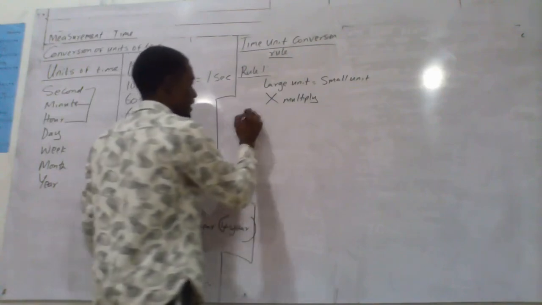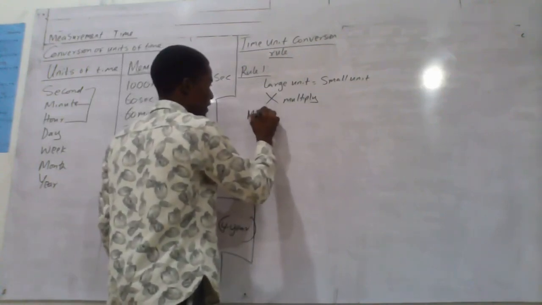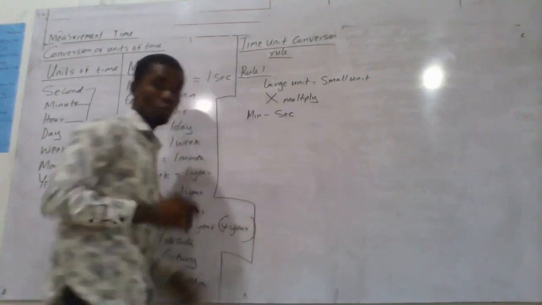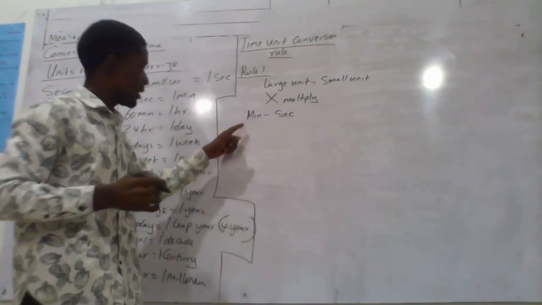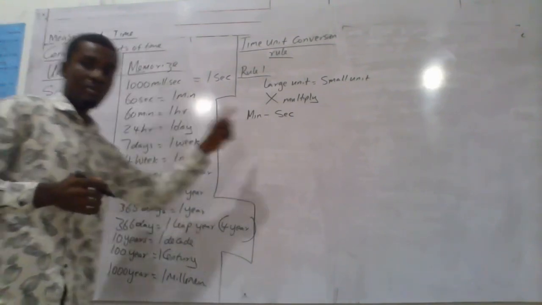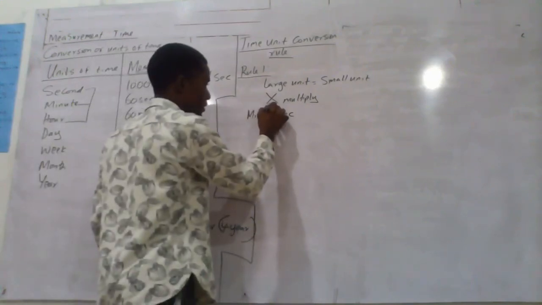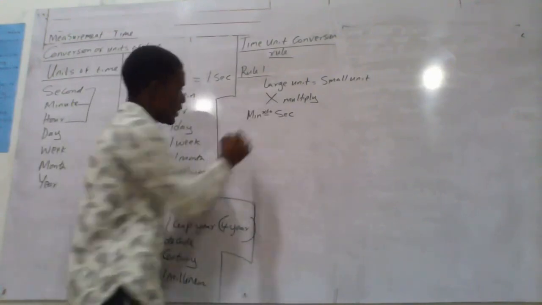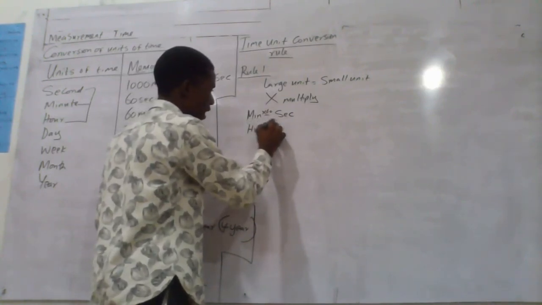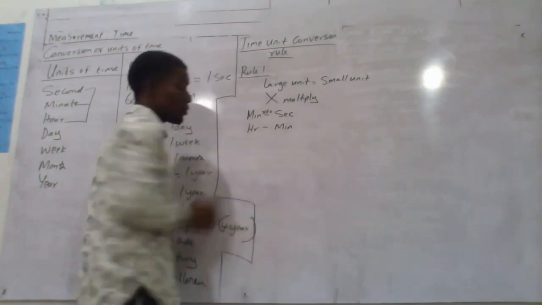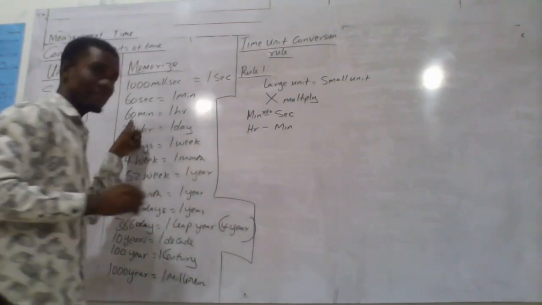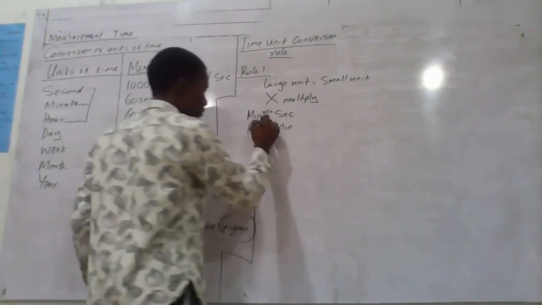For instance, let's say we have minutes to seconds. Minutes to seconds, you multiply. Multiply by what? Multiply by 60, since 60 seconds makes 1 minute. Also, if you want to convert from hour to minutes, you multiply by 60, because 60 minutes makes 1 hour.